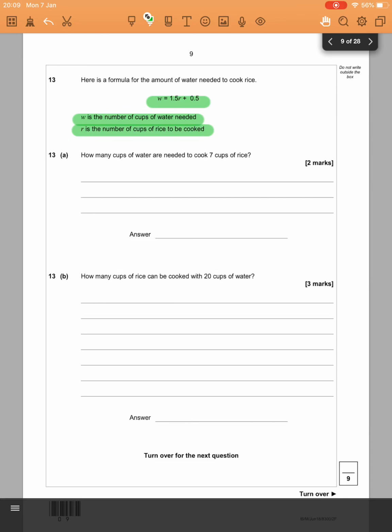Well, W is the number of cups of water, that's what we want to work out. R is the number of cups of rice we're trying to cook, and we're trying to cook 7 cups of rice, so we can just fill that number into our formula. W is equal to 1.5 times R, which is 7, plus 0.5. And you can work that out. You can use your calculator, that'll be fine.